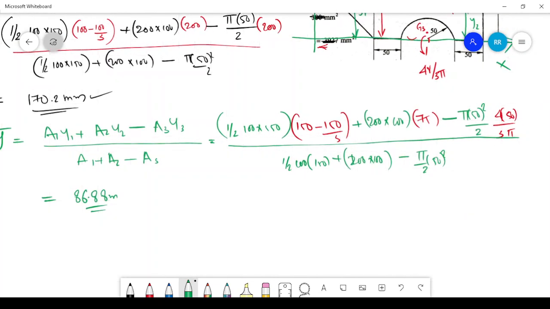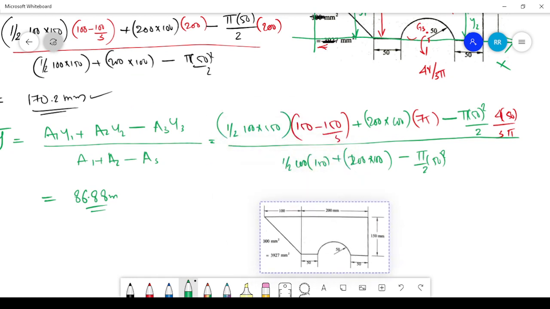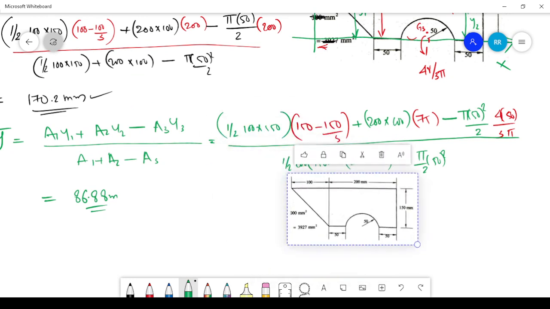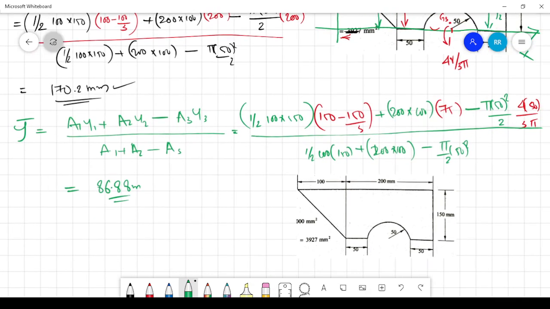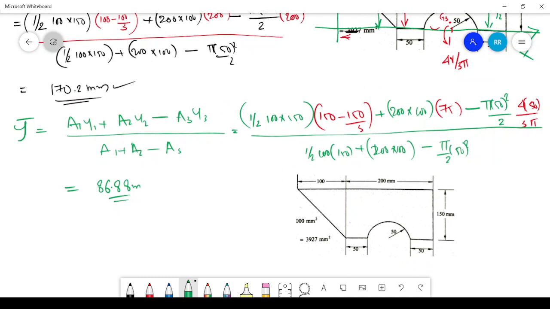After finding the centroid, I can show the centroid in the figure after completing the problem. That means the x bar distance is 170 mm. That means 100 plus almost around here.